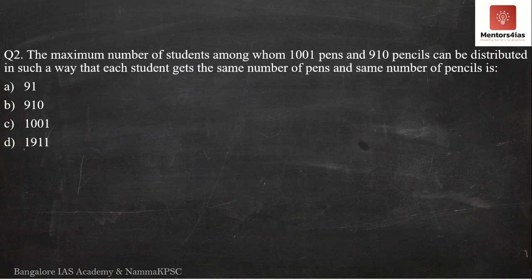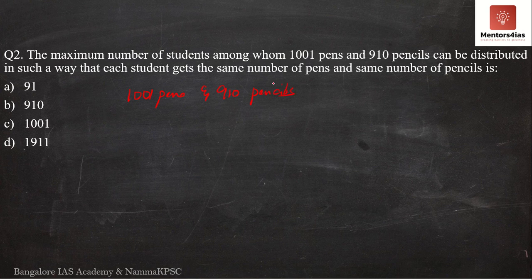Second question. Now the second question is the maximum number of students among whom 1001 pens and 910 pencils can be distributed in such a way that each student gets the same number of pens and the same number of pencils. Now please understand the question. We have 1001 pens and 910 pencils.